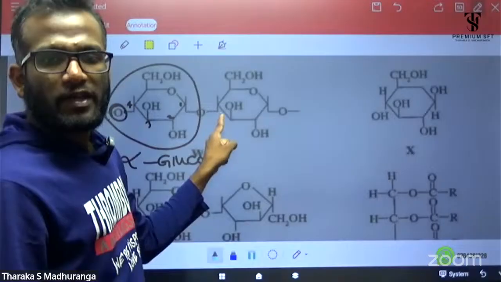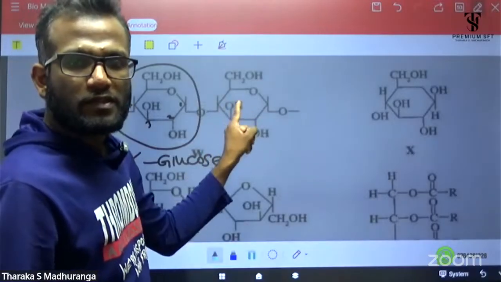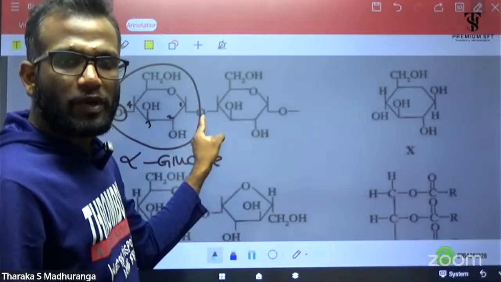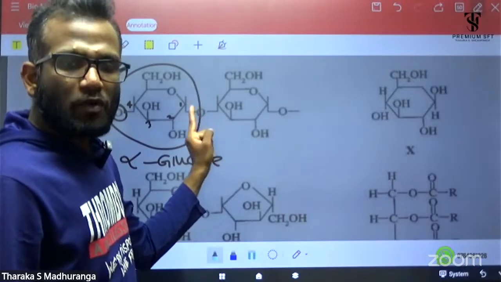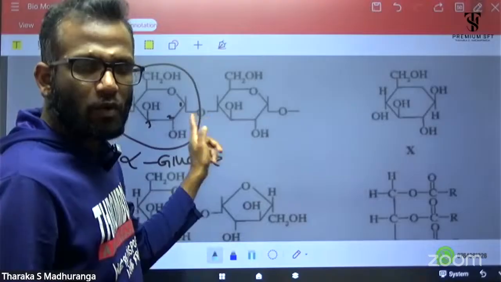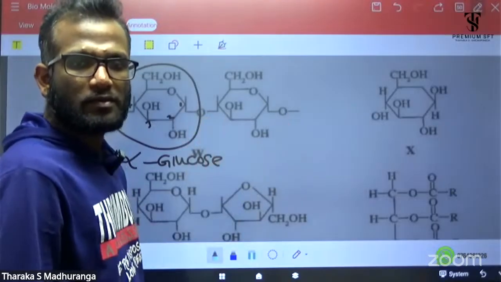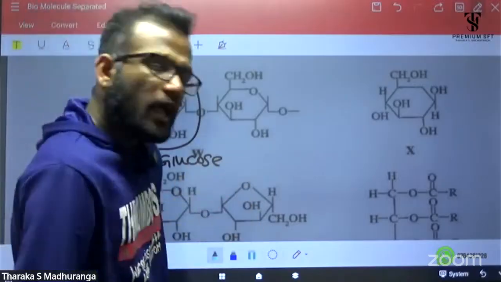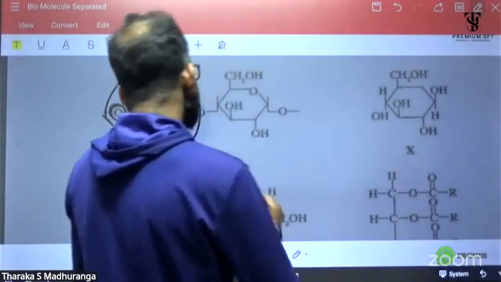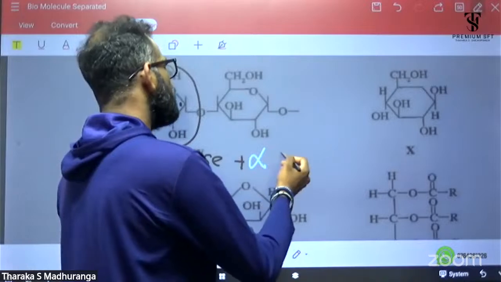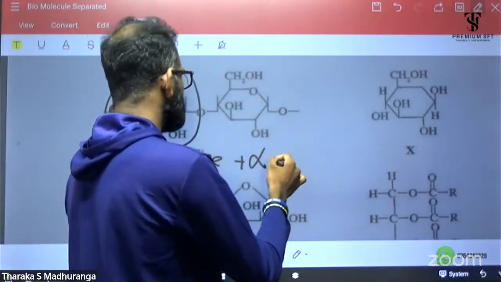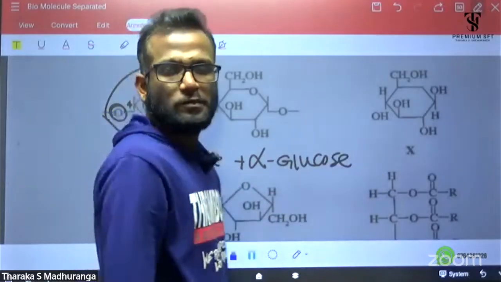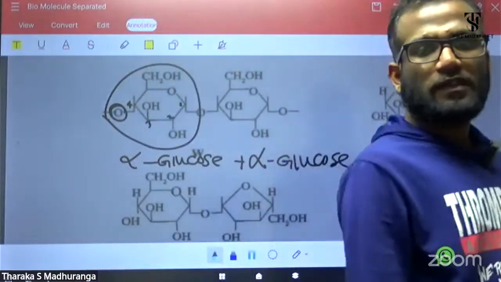Okay, what is this? First, identify whether it is glucose or galactose. It is glucose because the fourth carbon has OH downward. It is glucose. Yes, it is the same, no? Alpha glucose. Alpha glucose plus alpha glucose. Then what is this whole structure?